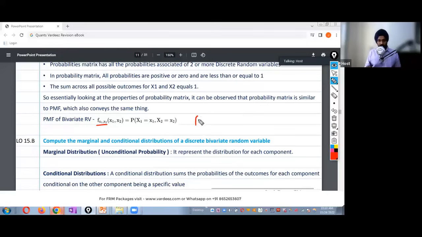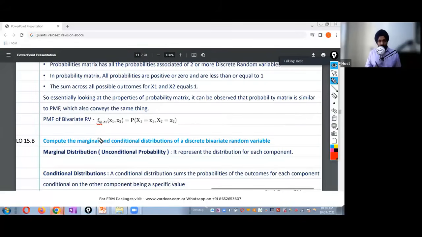So this f of x1, x2, that is equal to the probability of X1 equal to x1, x2 equal to x2. It's very confusing. But this f of x is actually the random variable.